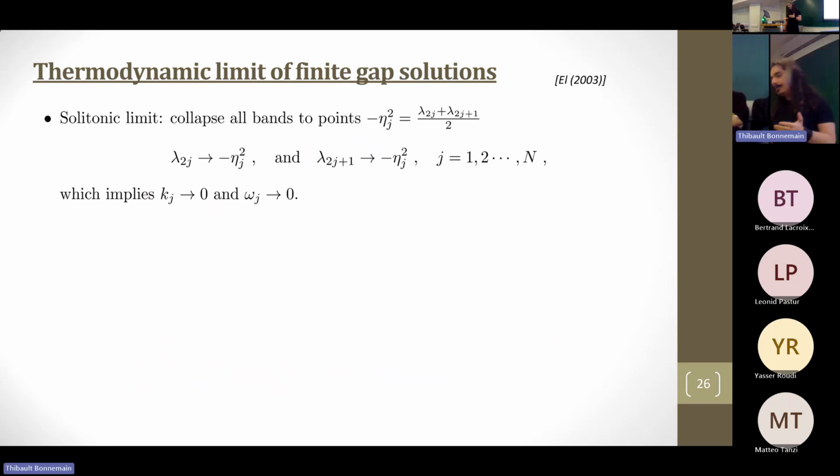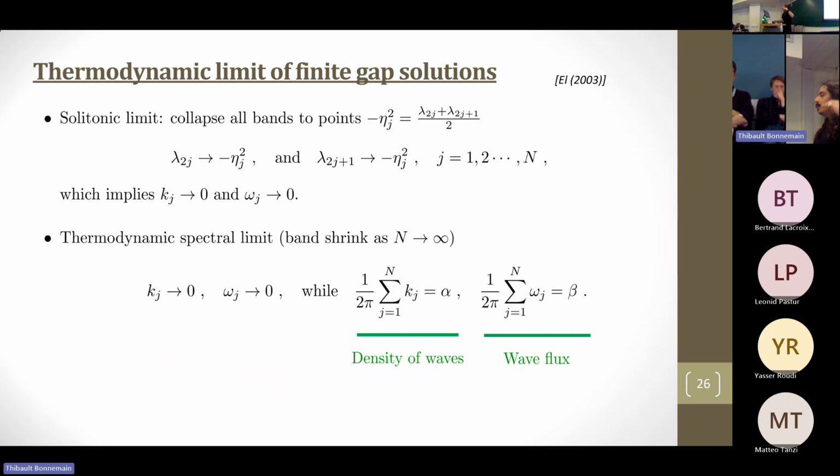And if you do so, what you get is not really a soliton gas, because essentially you have zero density over the whole line. You can see this because all the wave numbers go to 0 if you take this limit. So to keep things interesting, we want to take the solitonic limit, but at the same time, we want to increase the number of phases so as to keep the density finite.